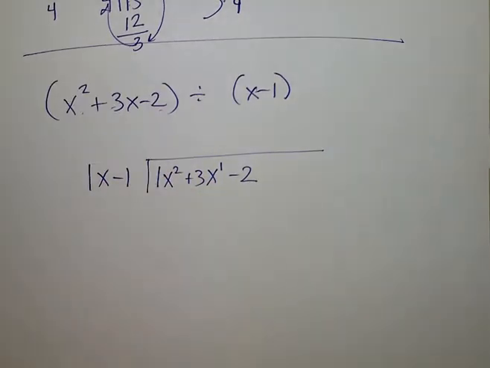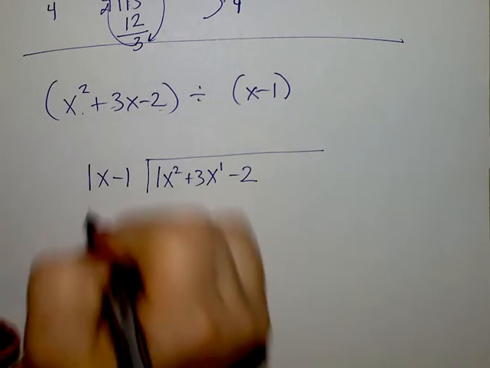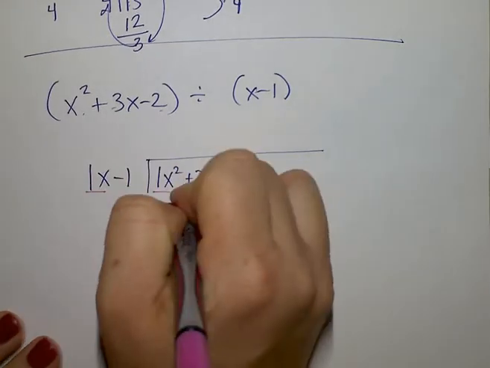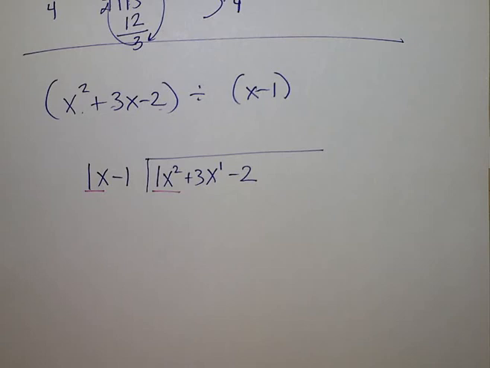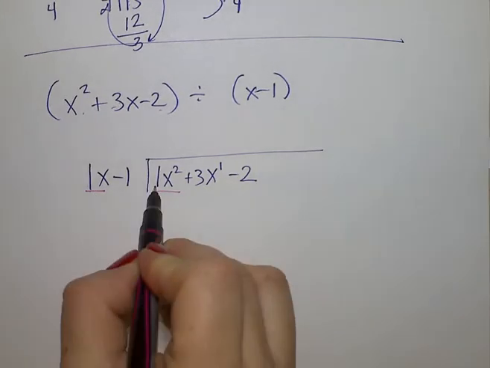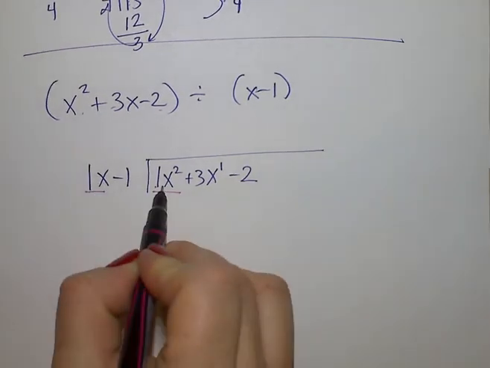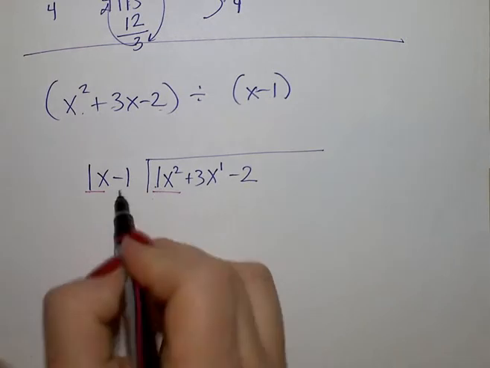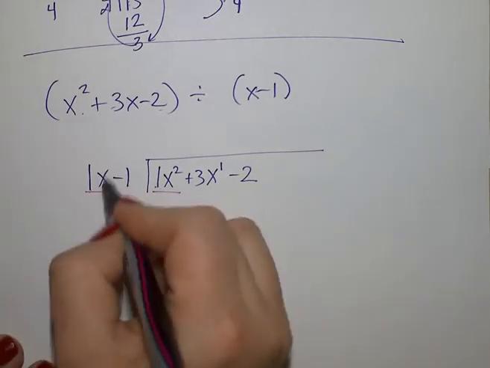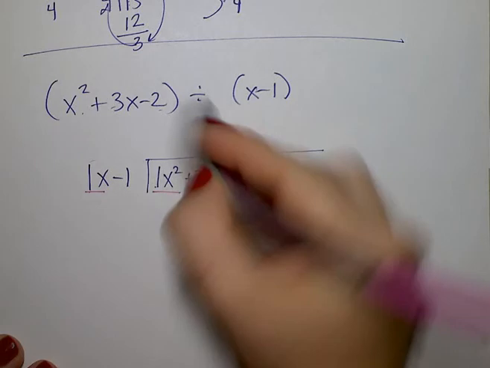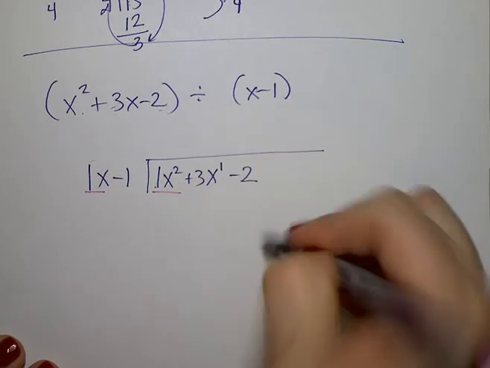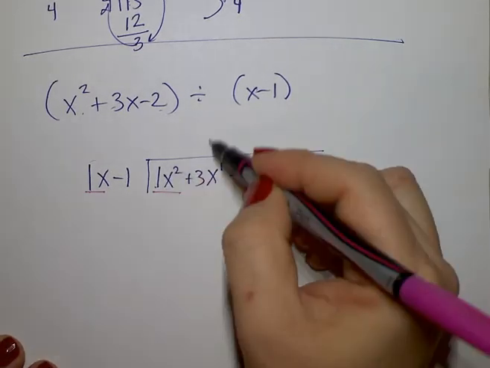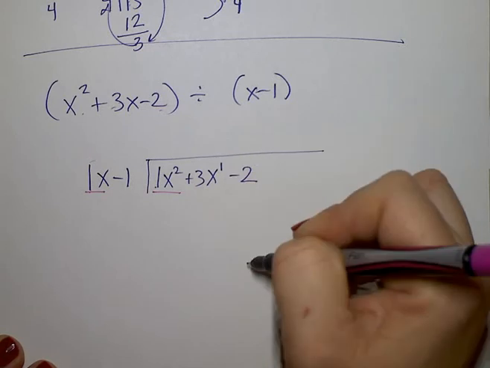So the first thing you're going to do is ask yourself, 1x times what gives you 1x squared? So 1 times 1 is 1, and x times what is x squared? X. So I know if I take a 1x times this quantity, I'll get a 1x squared. There are 3 columns in this particular problem. I need to write 1x in the column that only has x's, not x squared, not constants.